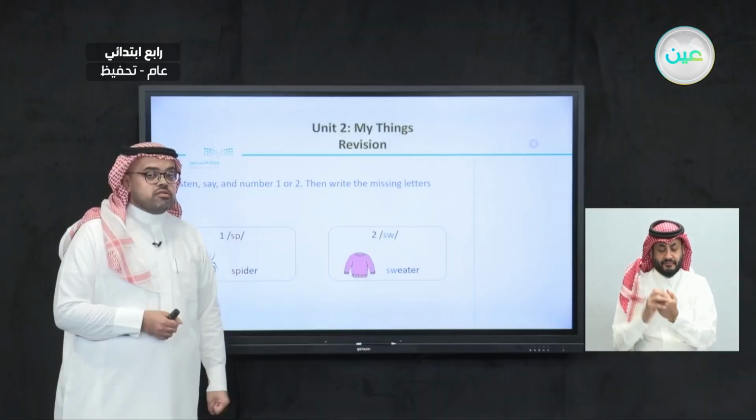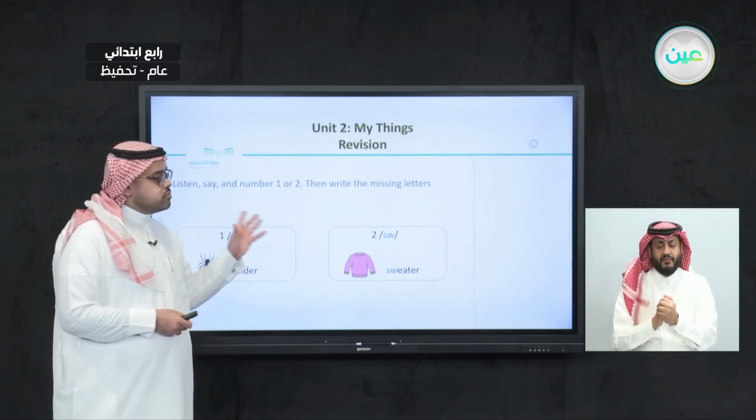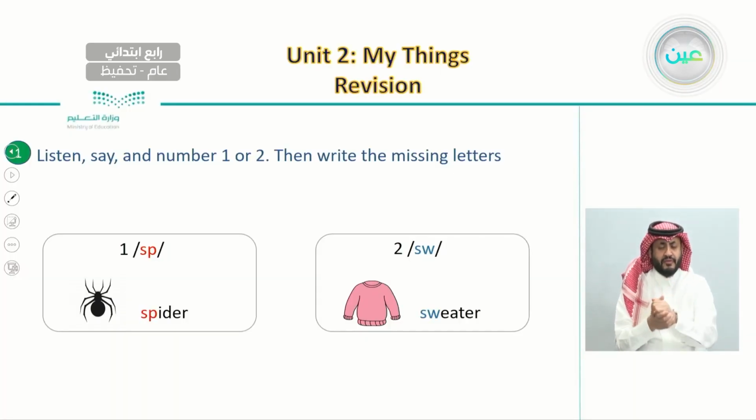So in this exercise, last time we learned how to do 4 things. First, we listen to these different words or sounds. Second, we say them again with the teacher. After this, we number them.